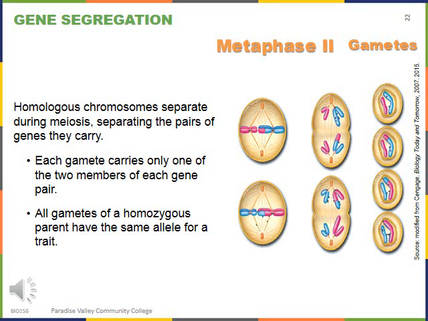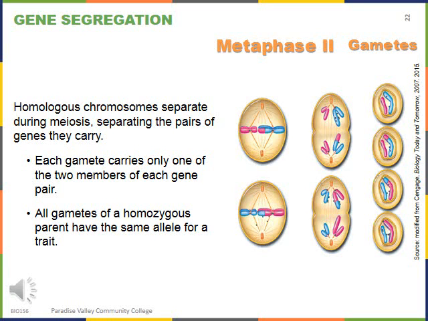They separate during meiosis, and so the pairs of the genes that they have will also separate with them. And then at the end, when you get to the gamete part, the gamete will carry 1 copy of the 2 members of each gene pair. It's a difficult way to think about it, but basically you're getting 1 gene from your mother and 1 gene from your father. And so this is showing how that happens.